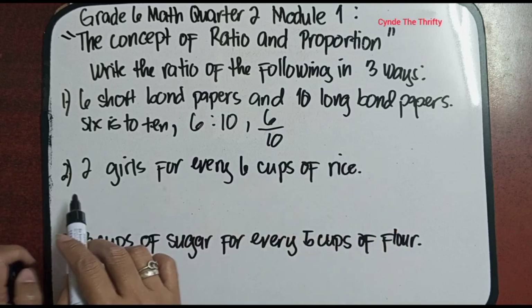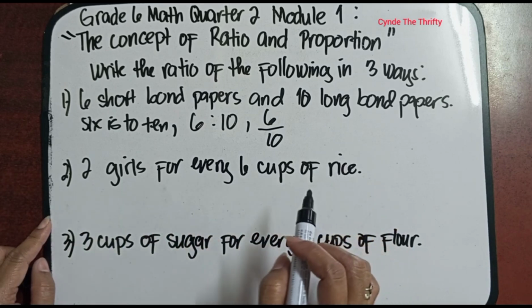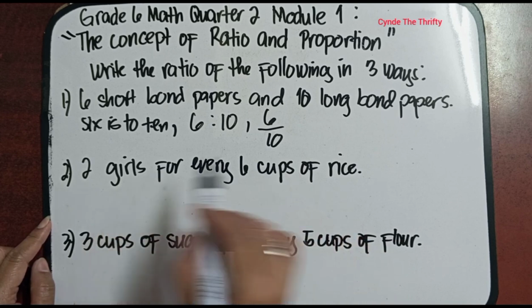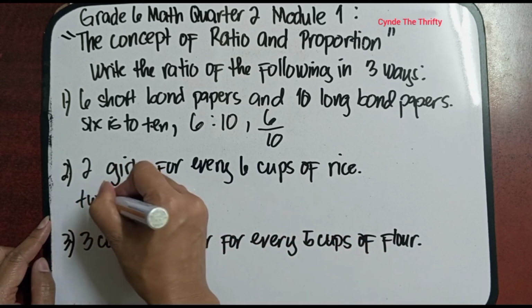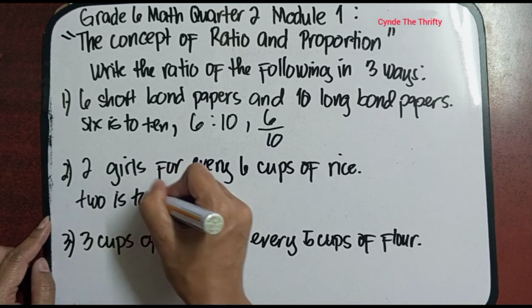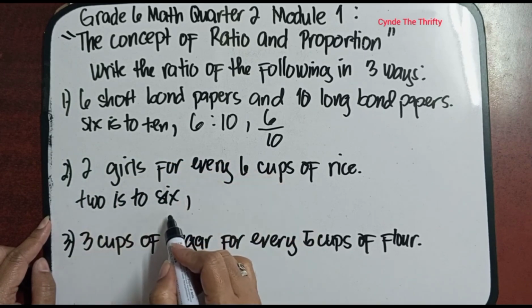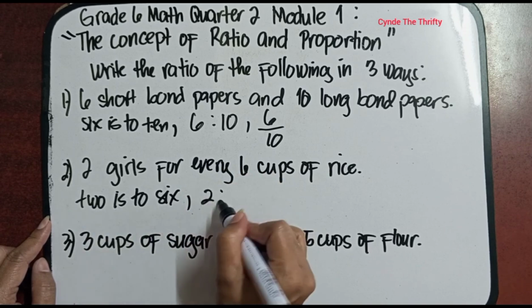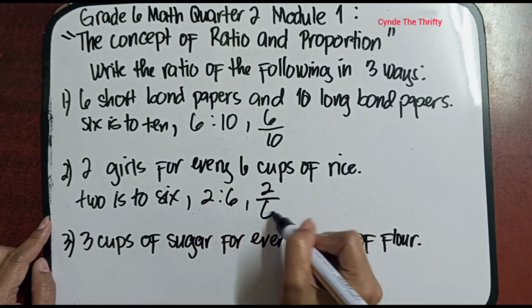Number 2, 2 girls for every 6 cups of rice. So, ibigay natin ang ratio ng girls to rice. Okay, so ang word form, 2 is to 6. And then ang column form, 2 is to 6. Ang fraction form, 2 over 6.